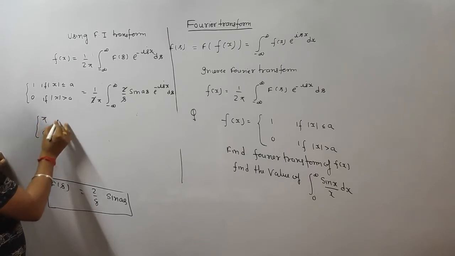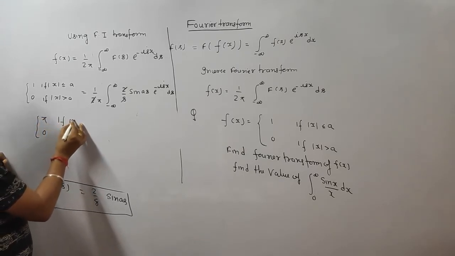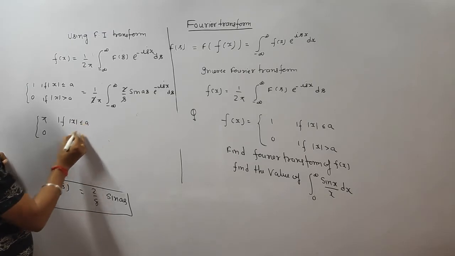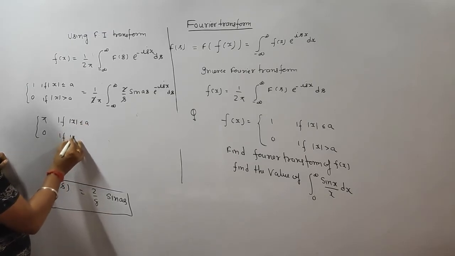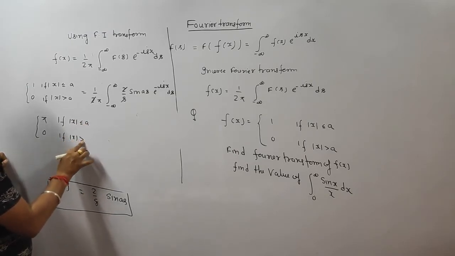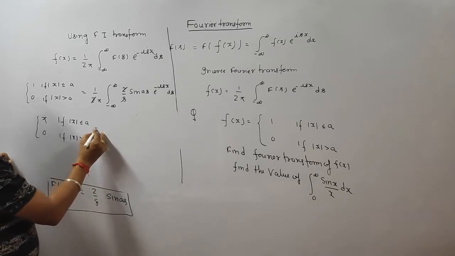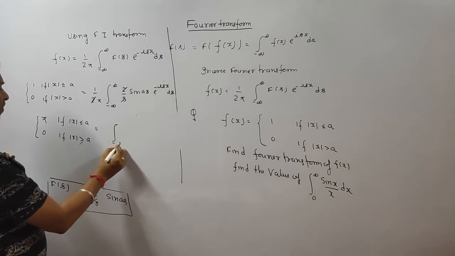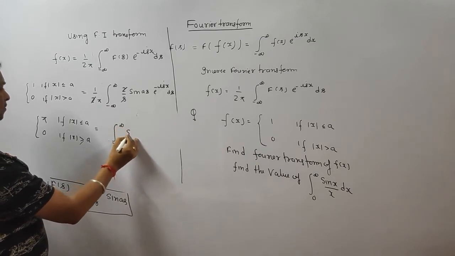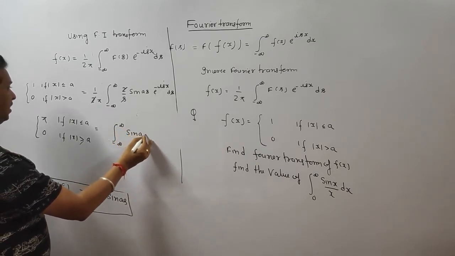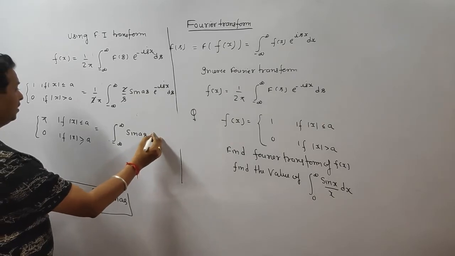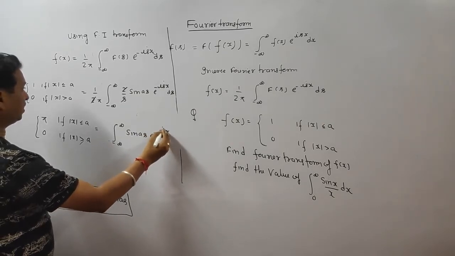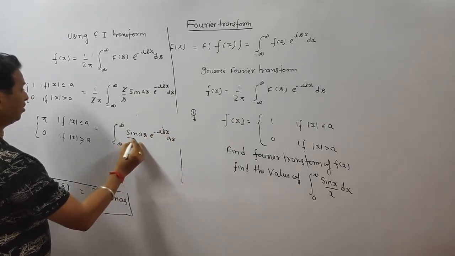Pi times 1 if mod x is less than or equal to a, and 0 if mod x is greater than a, and this side, minus infinity to infinity, sine s a e to the power minus iota s x ds by s.